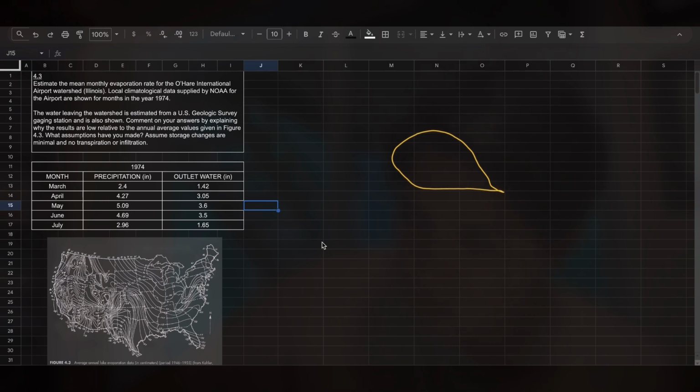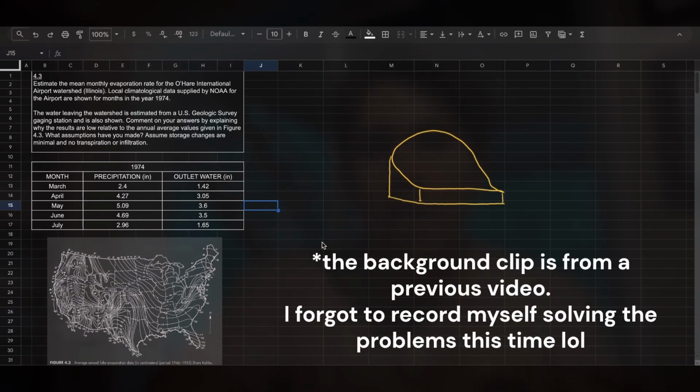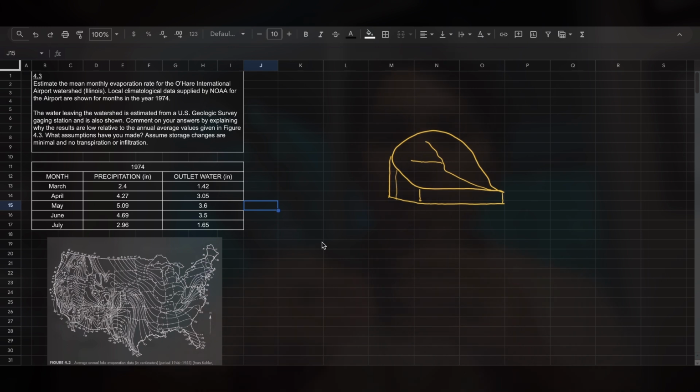So what's happening here, let's say we have a watershed. Okay, this is our watershed, and just here I'm trying to draw the terrain, the underground. This is the surface.